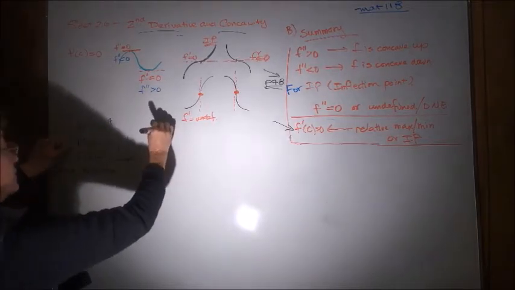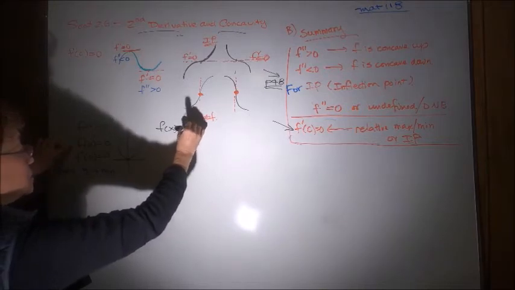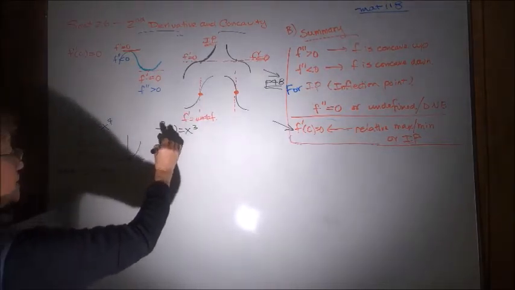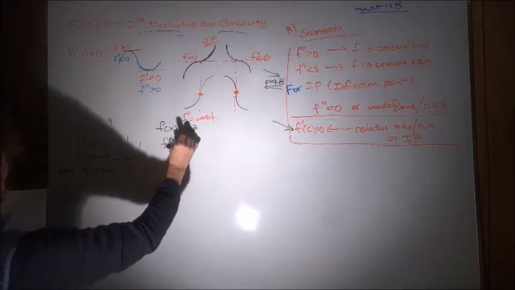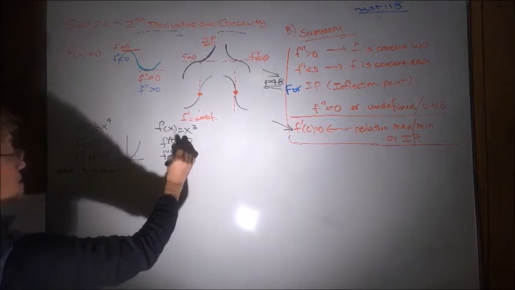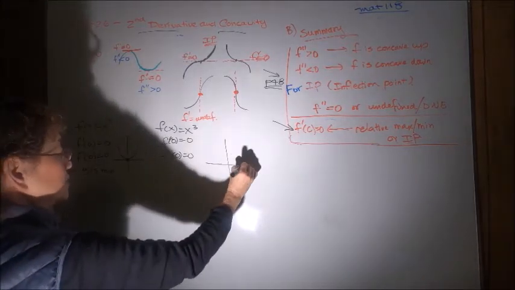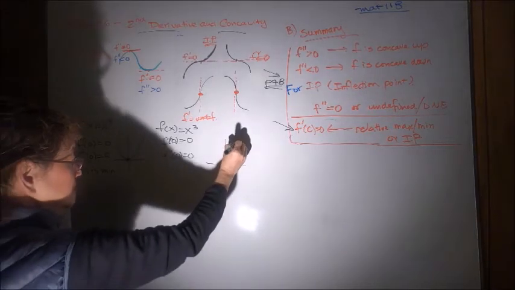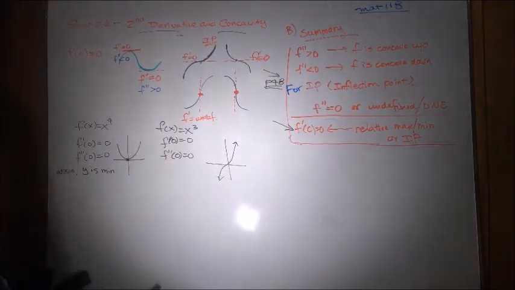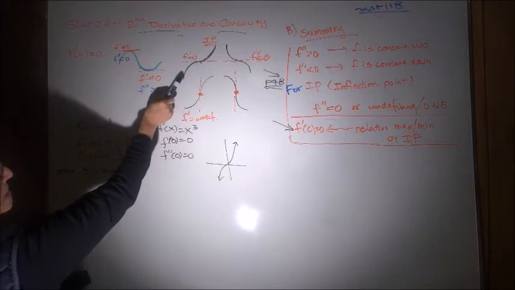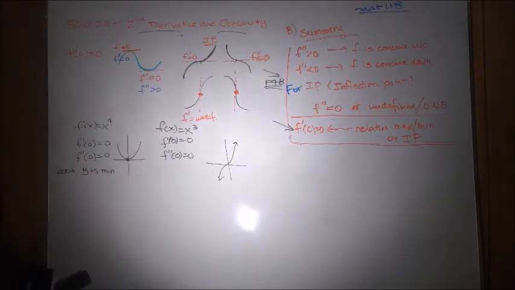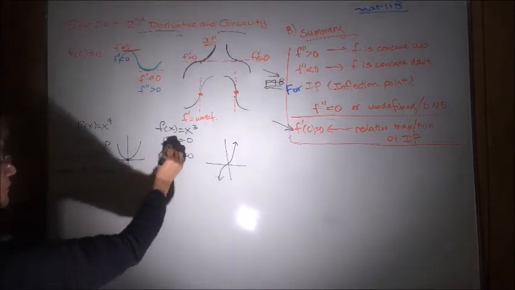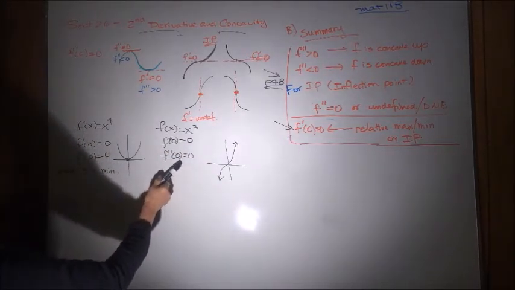Okay? When we have this example, x cubed, right? And what do we have? F prime is 0, f prime prime is 0. The graph looks like, if you use calculator, you will find out. It looks like this, right? So that will be this condition. So your f prime is 0, f prime prime is 0.